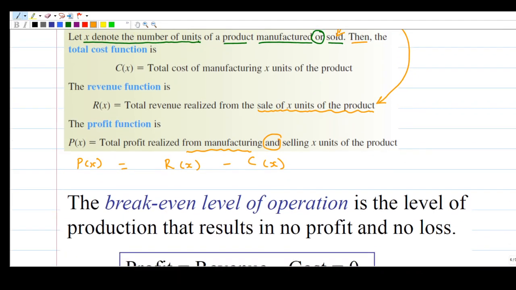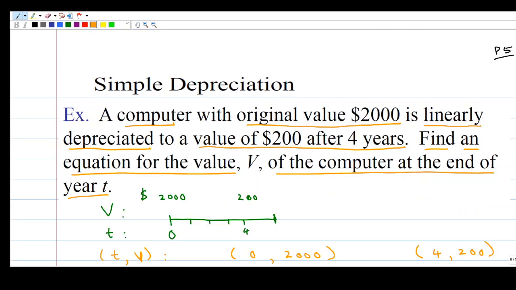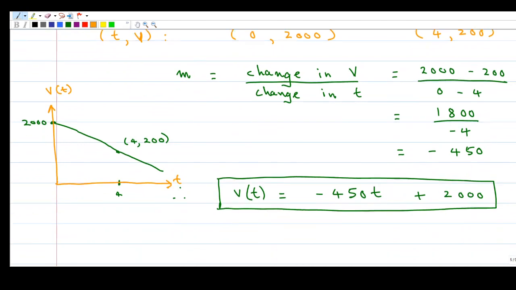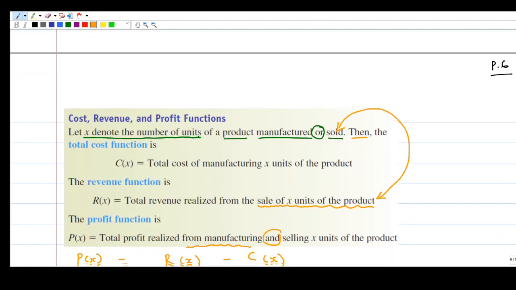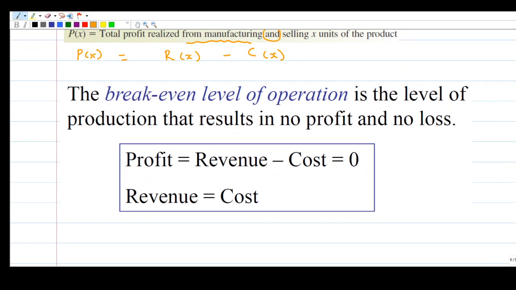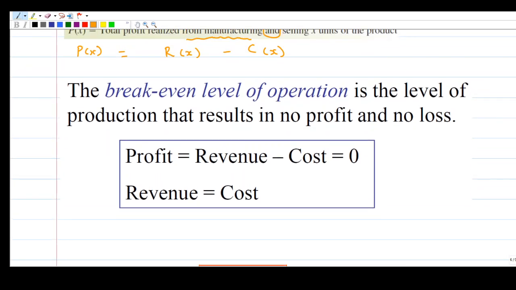New concept over here. Break-even level of operation. This is the level of production that results in no profit and no loss. So you take your profit, which is equal to revenue minus cost, that must give you 0. So from that, it follows that the revenue function must equal the cost function.